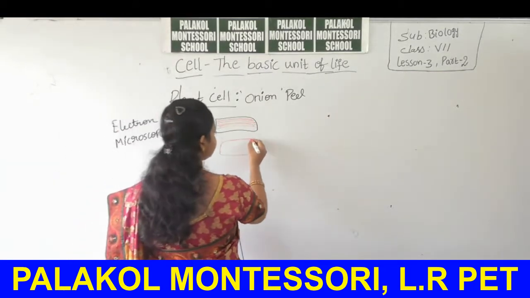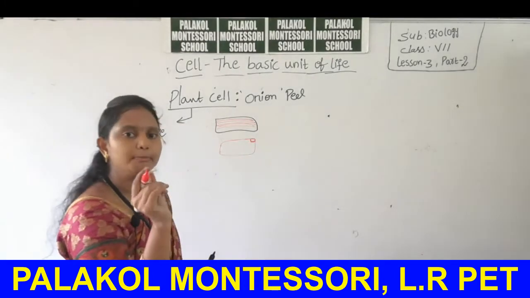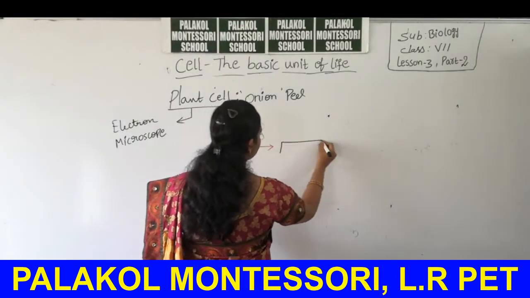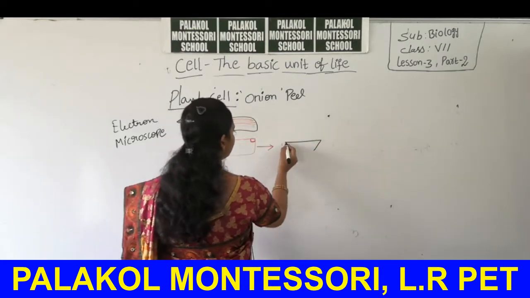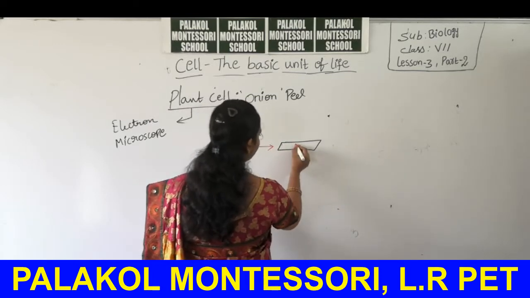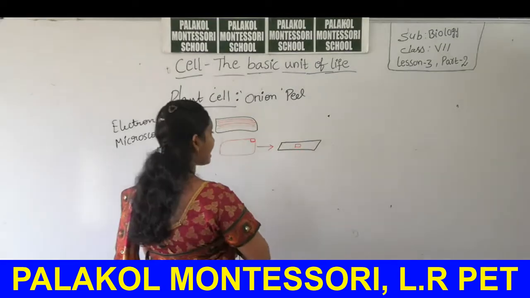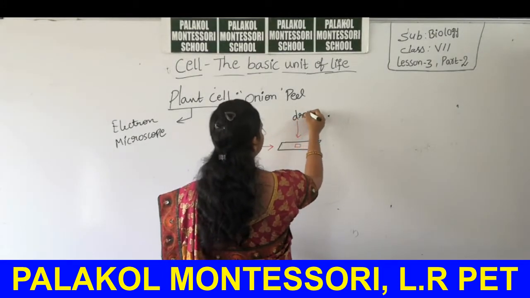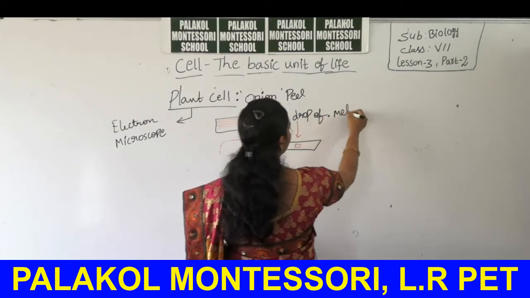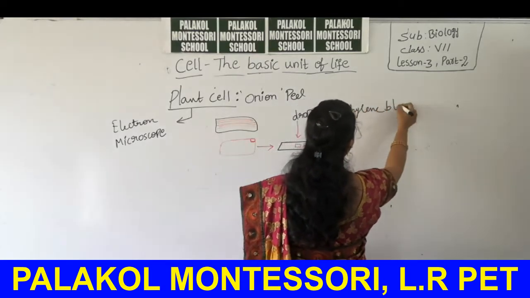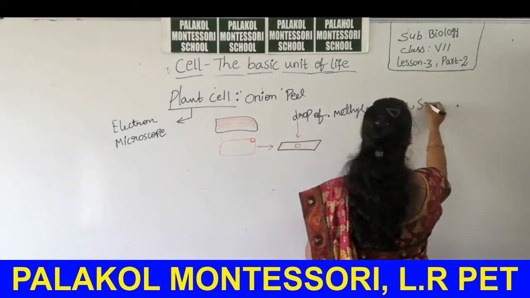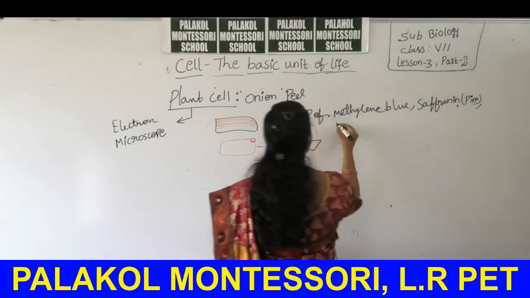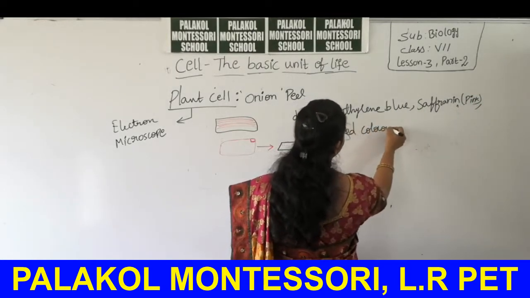Take a small bit of onion peel and keep it on a glass slide like this, and add, this is very important students, add a drop of methylene blue, which is blue in color, or safranin, which is pink in color, or any red colored ink.